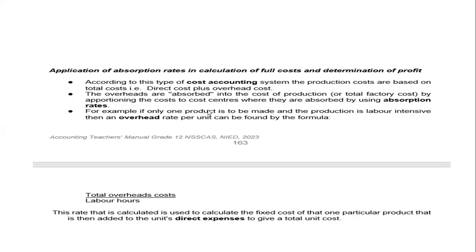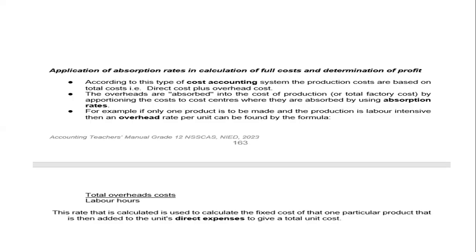For example, if one product is to be made and the production is labor intensive, then an overhead rate per unit can be found by this formula. This rate that is calculated is used to calculate the fixed cost of that one particular product that is then added to the unit's direct expenses to give a total unit cost.